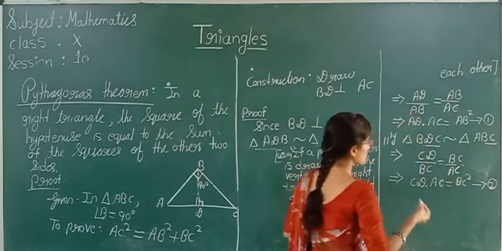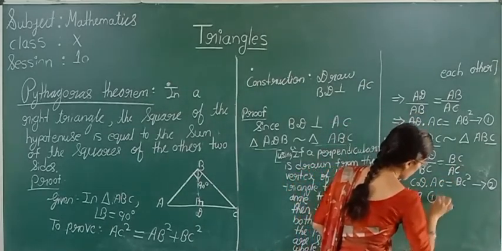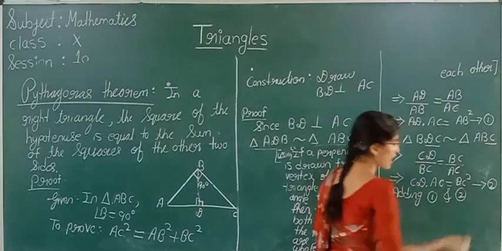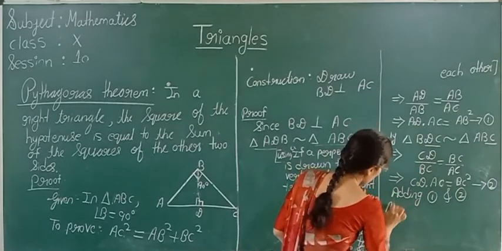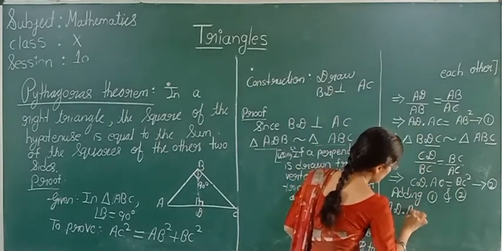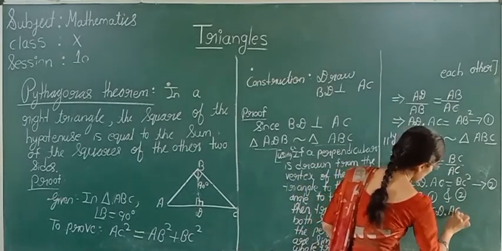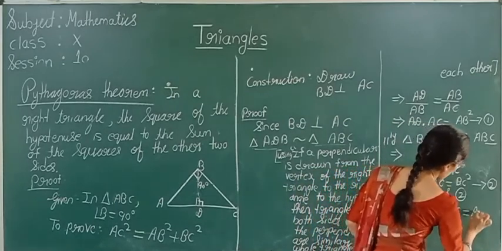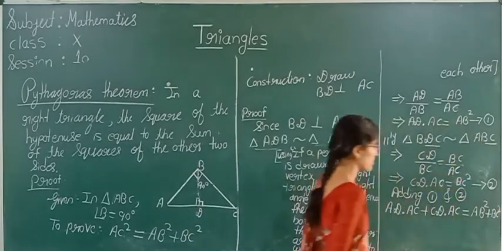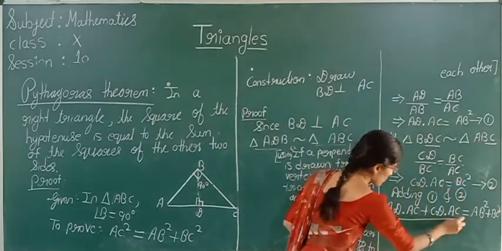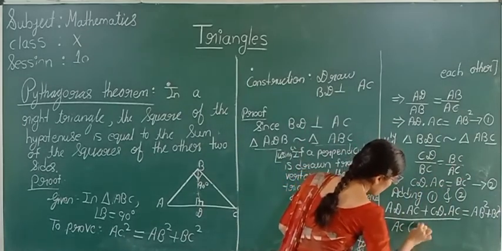Now see, adding equation 1 and 2. If we add equation 1 and 2, what will happen here? AD into AC plus CD into AC is equal to AB square plus BC square. What is common here? AC is common. What is remaining?